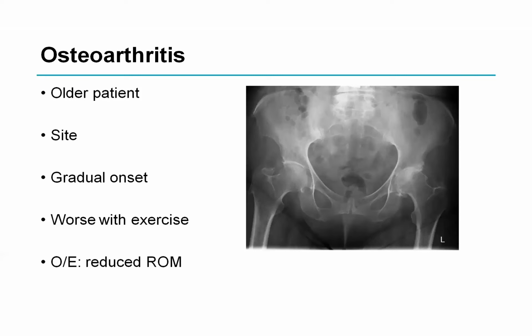It's not an acute process, and it typically gets worse with exercise. When you examine those patients, the range of movement is reduced. You might have a fixed flexion deformity in the hip with a positive Thomas test, and reduced internal rotation and reduced flexion. These are the movements that you start losing first.